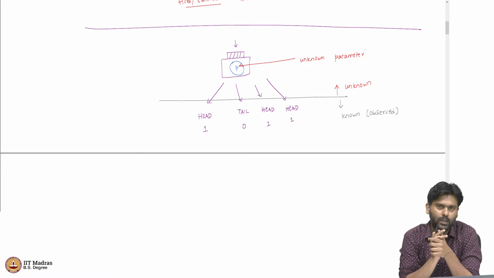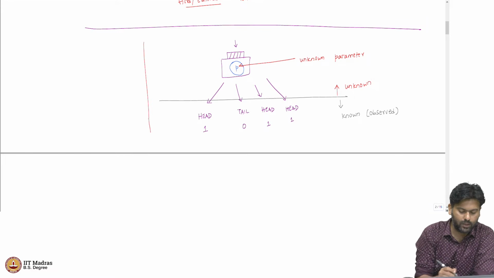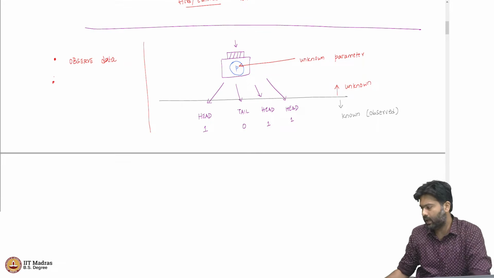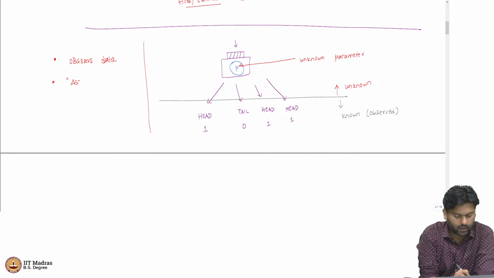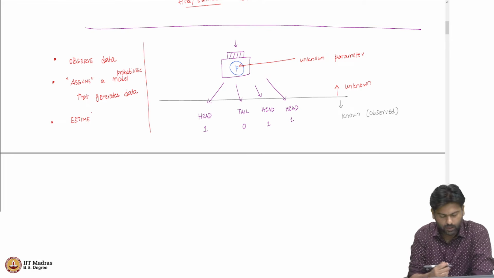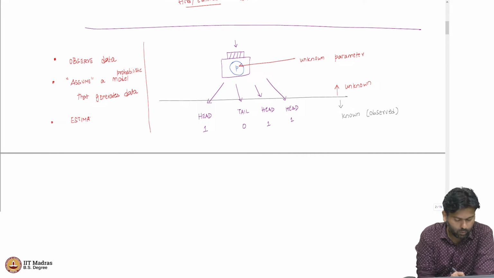But of course, we don't know what this parameter is, and so the goal of estimation is the following. You observe some data, and you assume, and again I can't stress this enough, you assume a model, in this case a probabilistic model, that generates data. So there is some model that generates data, and under this model, you want to estimate what you don't know about this model, right?